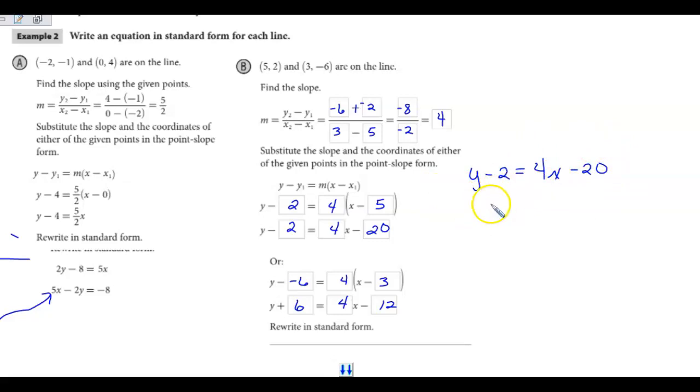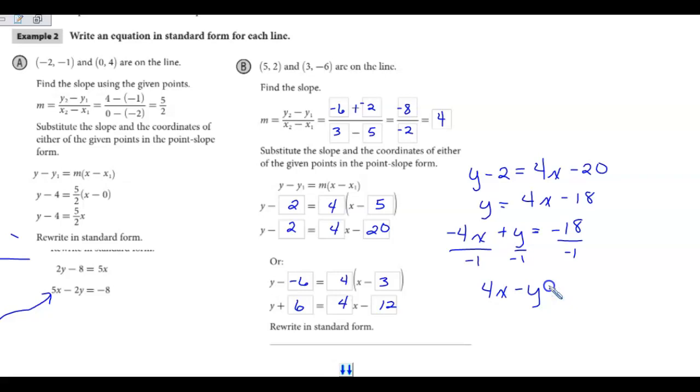So I'm going to add 2 to both sides. I'm going to get y equals 4x minus 18. And then I'm going to subtract 4x from both sides. So I'm going to get negative 4x plus y equals negative 18. Because I want this to be positive, I'm going to divide everything by -1. And so it's going to be 4x minus y equals 18. And so there it is in my standard form.